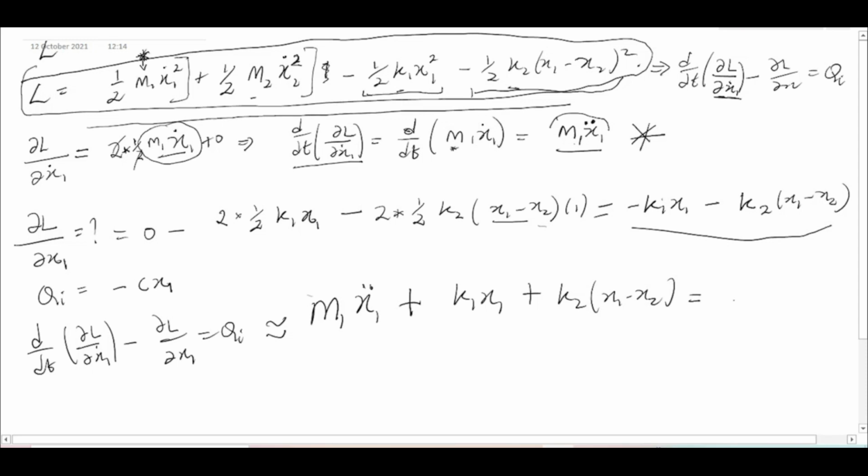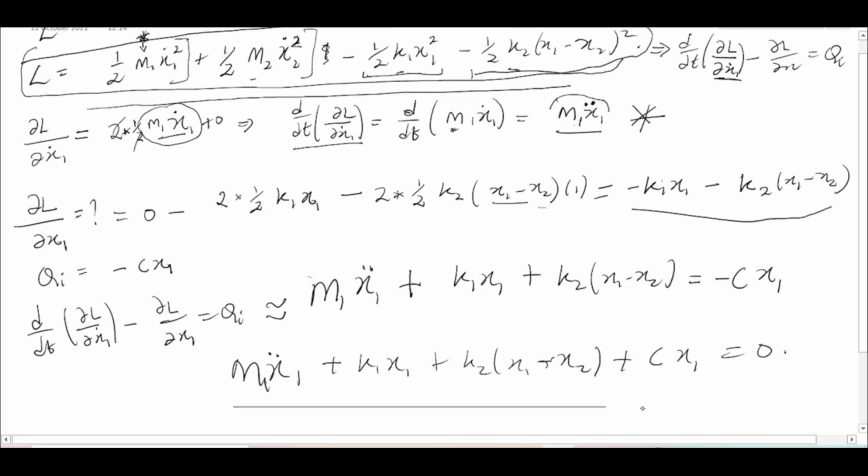The whole of this is equal to Qi, which we obtained before to be minus c x1 dot. So we can rewrite our equation to be m1 x1 double dot plus k1 x1 plus k2 (x1 minus x2), which we got earlier, plus c x1 dot, which is equal to 0. And this is our first equation of motion.